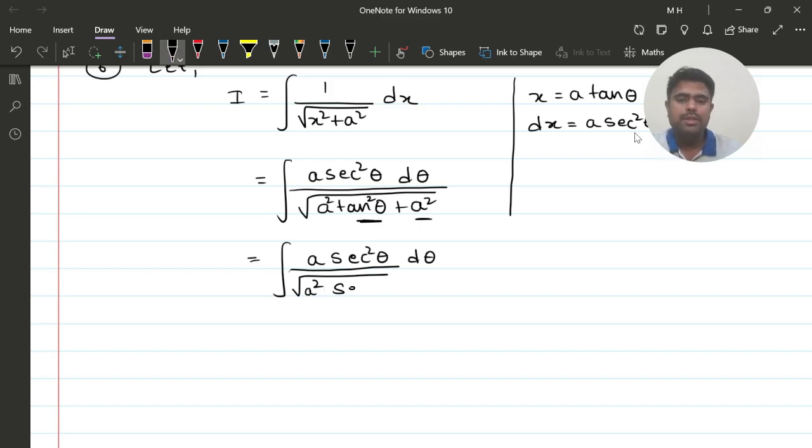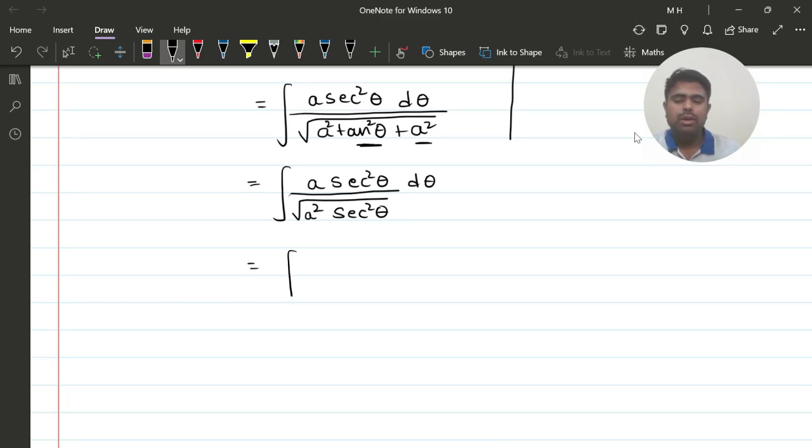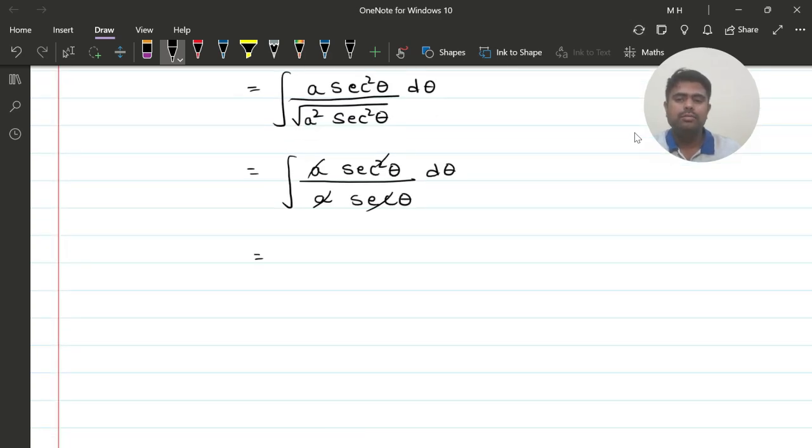So you take out the square root, you will get a sec square theta d theta divided by root a square, which is a, and the root of sec square theta is sec theta. A cancels, sec theta cancels, and I will get the integral of sec theta d theta. So this is going to be the integral I.